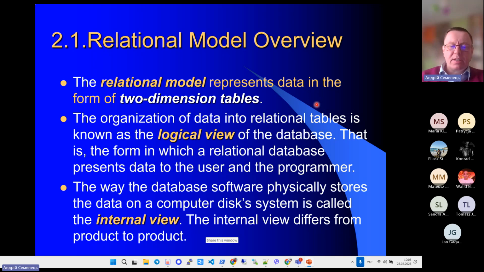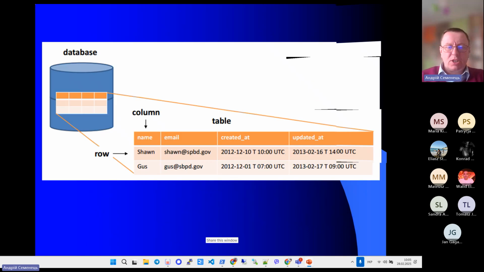So that's the benefit of the logical representation of a relational database as a two-dimensional table. We have a uniform representation from all relational database management systems, and only the developers of that system are responsible for managing the internal representation.